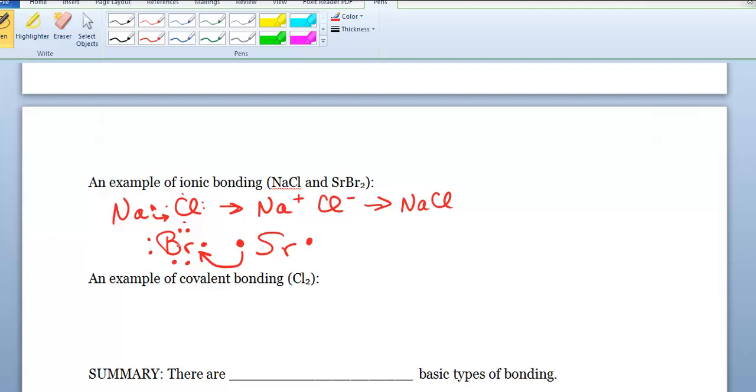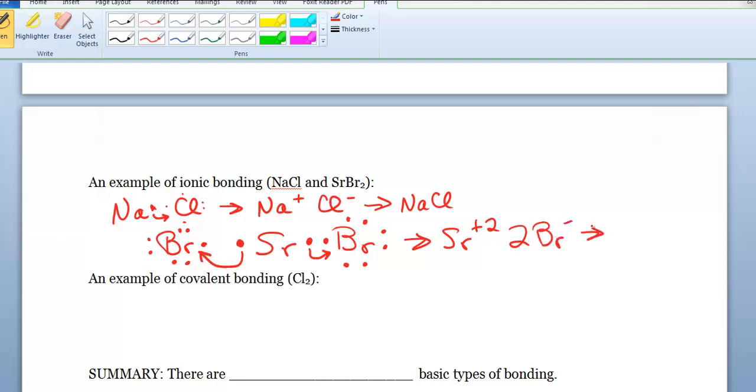And when it receives that electron, it now has its 8, but strontium still has a valence electron left over. So it's going to want another bromide to transfer that second electron to. As a result, strontium now has a +2 charge, and I've got 2 Br minuses.